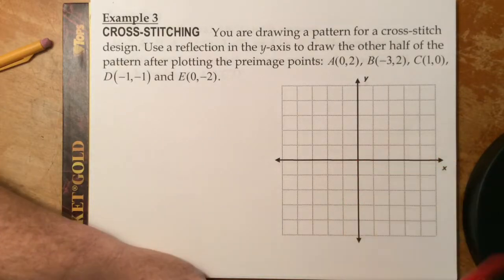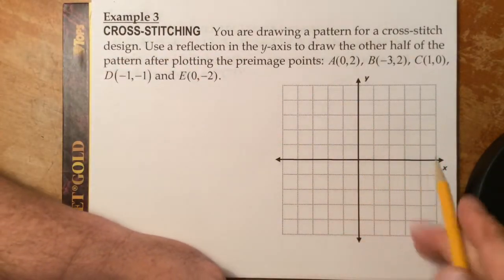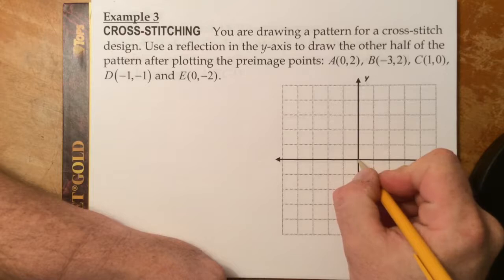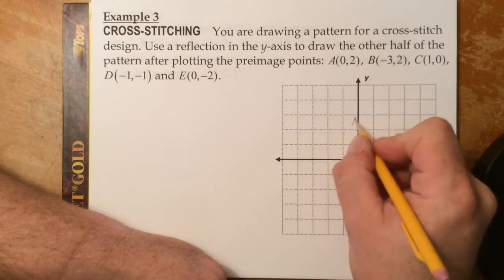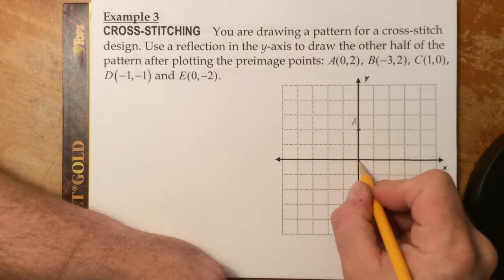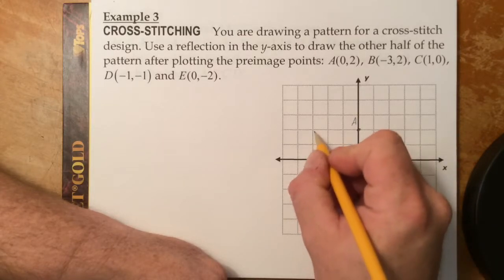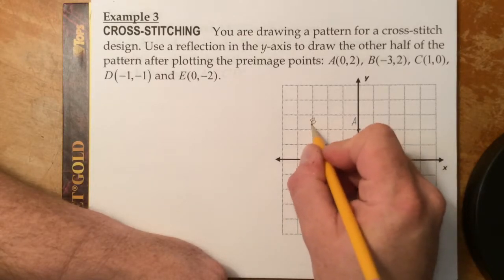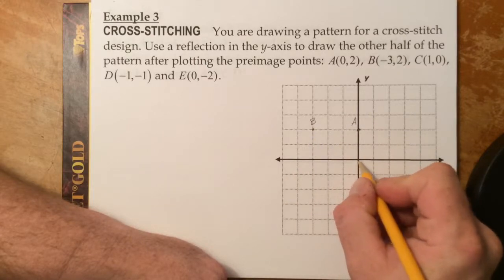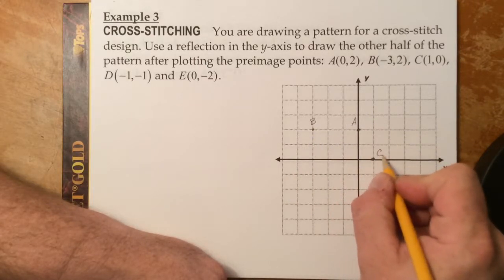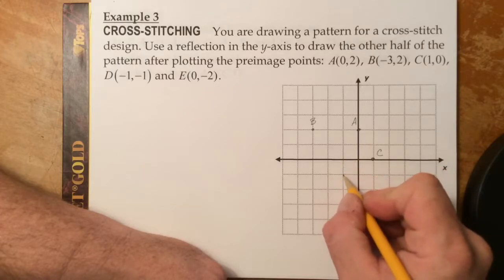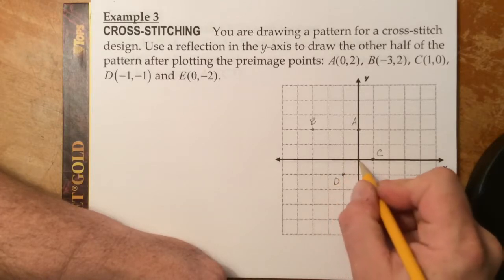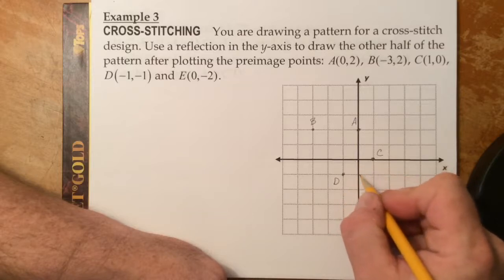A is at (0, 2), 0 left to right, up 2. So there's A. B is at (-3, 2). C is at (1, 0). D is at (-1, -1). And E is at (0, -2).